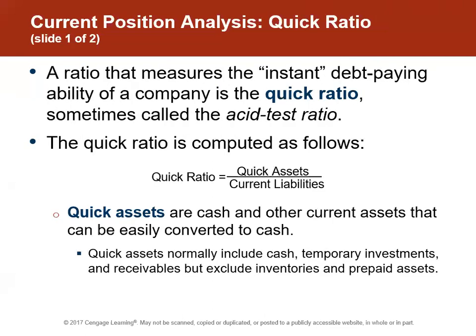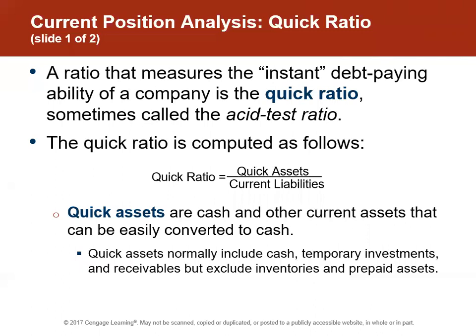And then the quick ratio. All that means, and I have this listed in your notes, is that quick assets are ones that can easily be converted to cash. So there we're only talking about cash and checking, temporary investments, and receivables. We're leaving out inventories and other prepaid assets like prepaid insurance and prepaid rent that are current assets. Again, it depends on the industry, but inventory may sit for long periods of time.